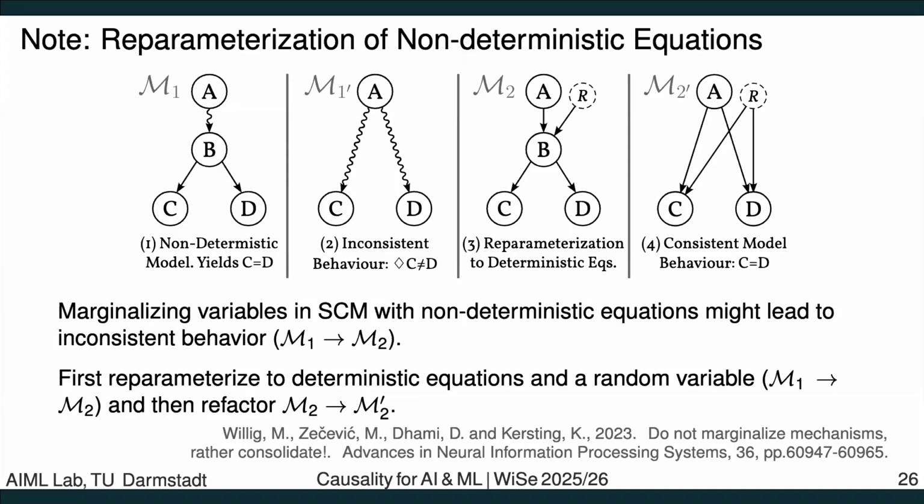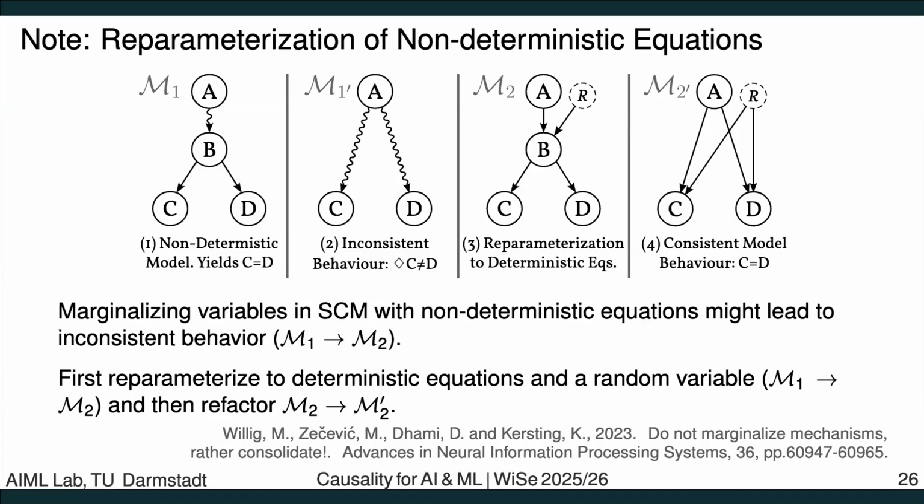So if I now have a non-deterministic equation from A to B, so B is, I don't know, 5 times A plus some Gaussian noise, then you can marginalize the variable B, but you need to be careful, if you compose the structural equations for C and D, to not copy the noise term, right? You first need to factor it out, so you only sample it once.